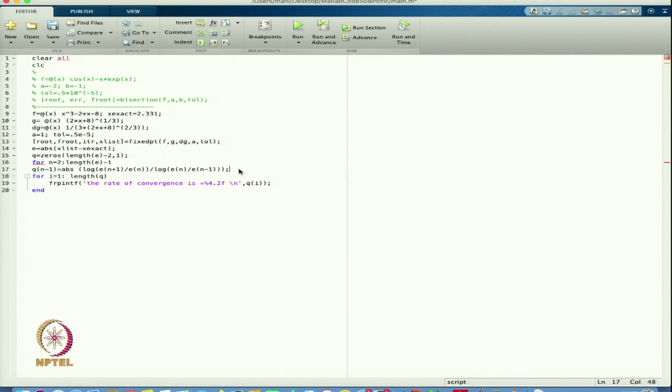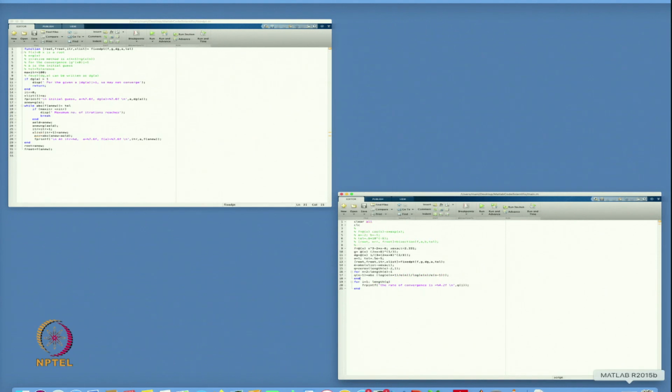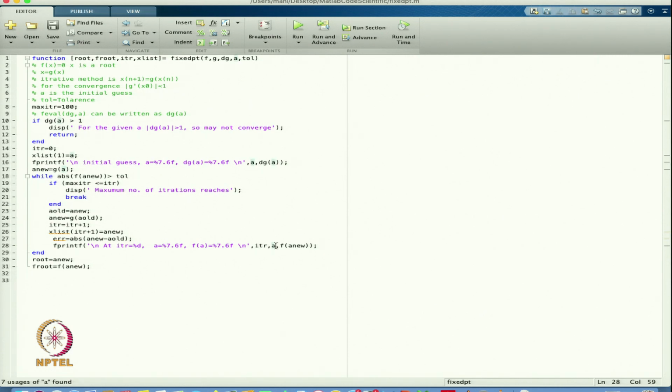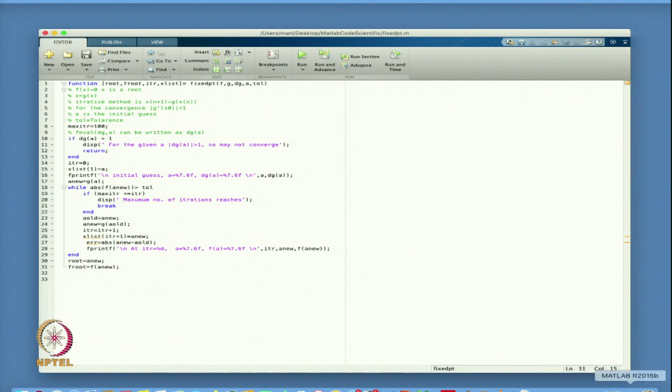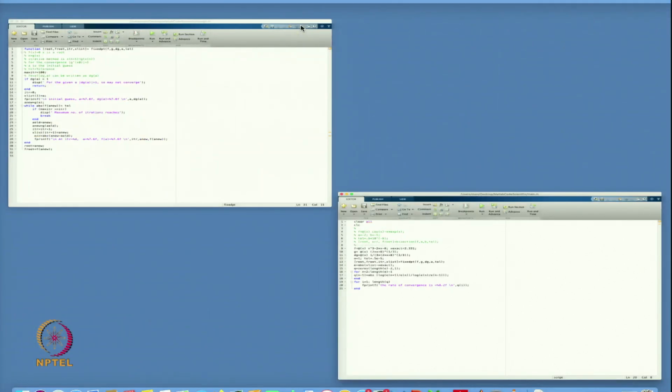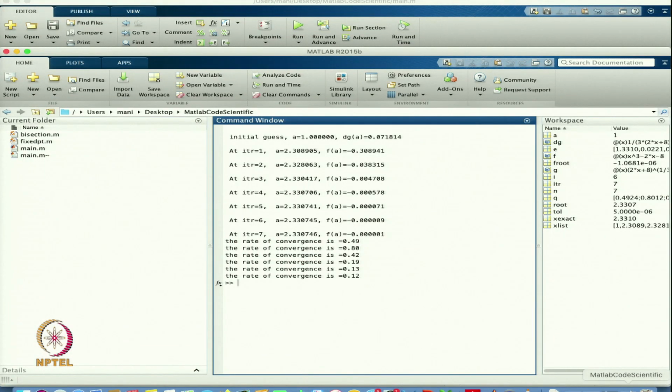So, now let us see. So now it is running, and that is the final solution.